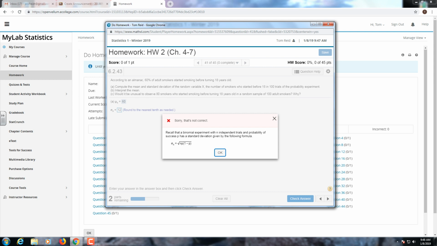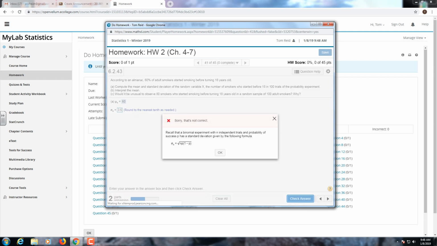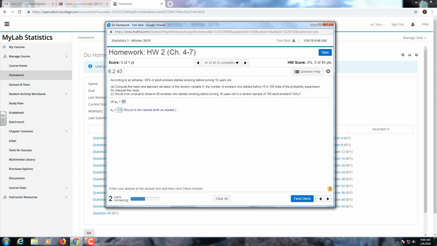I come up with 3.6. It says round to the nearest tenth is needed. A lot of times they'll tell you how they want their answers. So I check my answer here, and it's showing the formula. They're not going to give me more of a hint than that, but I've got one more shot at this.